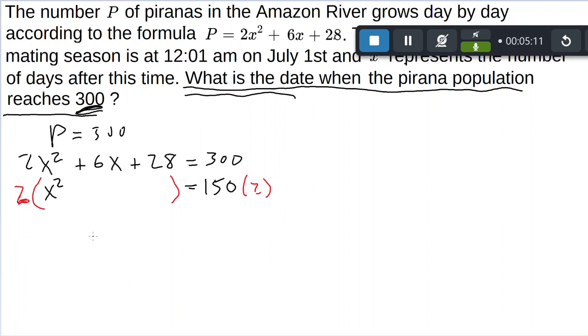It's x squared. 2 times what is 6x? 3x. And 2 times what is 28? 14. Now I'm going to cancel my 2's. Effectively, I'm dividing both sides by 2. So what am I left with? x squared plus 3x plus 14 is equal to 150.